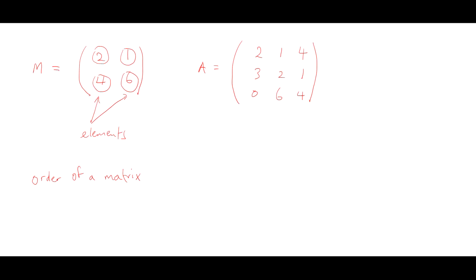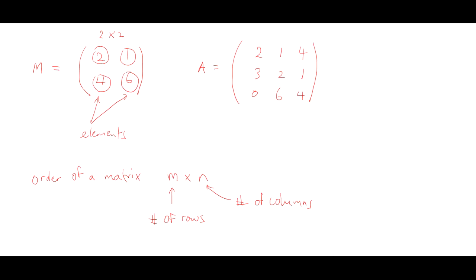Usually we say the order of a matrix is M by N, where M is the number of rows in the matrix and N is the number of columns in the matrix. Now in the case of M, we say that M is a 2 by 2 matrix, so the order of the matrix is 2 by 2.